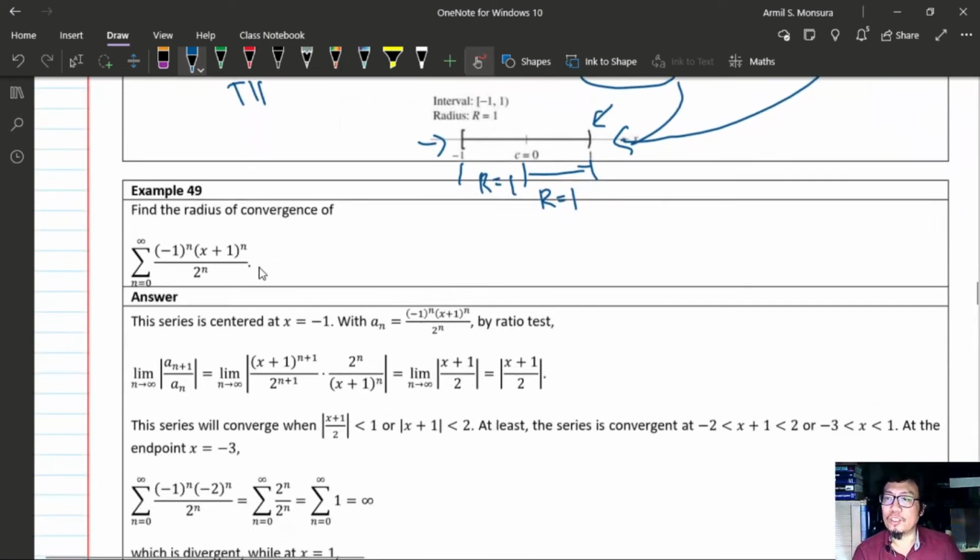Example 49. So we have here the radius of convergence of this alternating power series. Okay, we take note that your center is -1. So at this point, at the minimum, this is where your series converges.